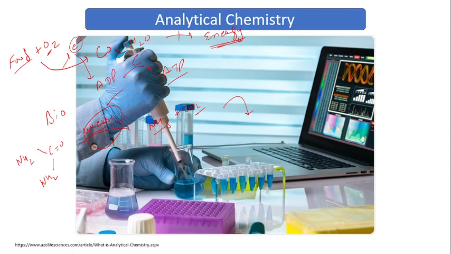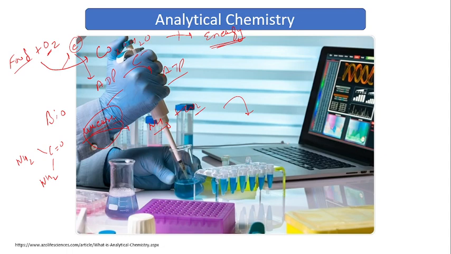From older days, when we used volumetric and gravimetric analysis, nowadays many sophisticated instruments can read at the ppb level. ppb means parts per billion, which is a very minute level. If your water contains cadmium, lead, cobalt, or such hazardous elements, but the concentrations are very low, we cannot use techniques like titration and flame photometry.